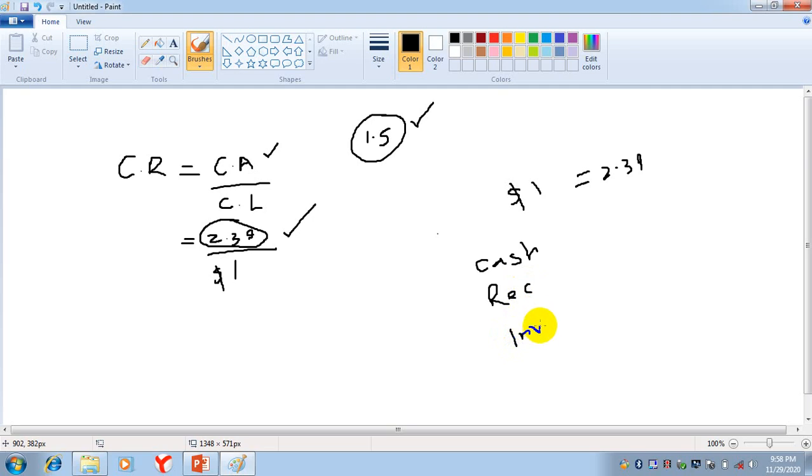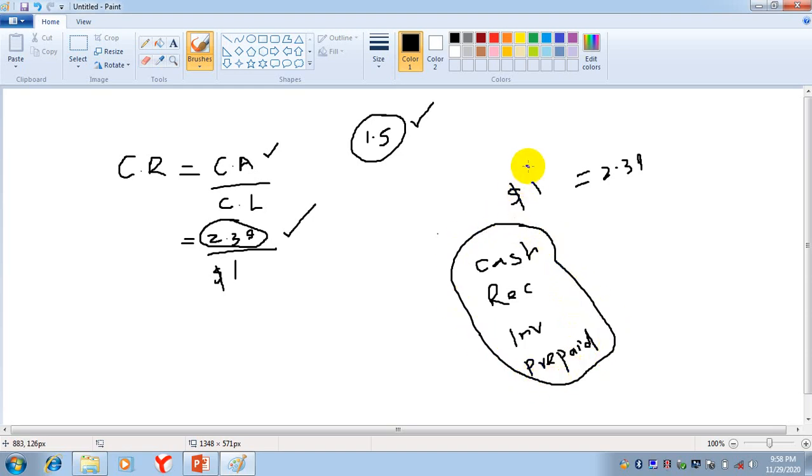Then there are prepaid expenses, etc. So these are our current assets. So if your current liability is $1, you have $2.39 in current assets, meaning cash, receivables, inventory, and prepaid, to repay this $1 liability.